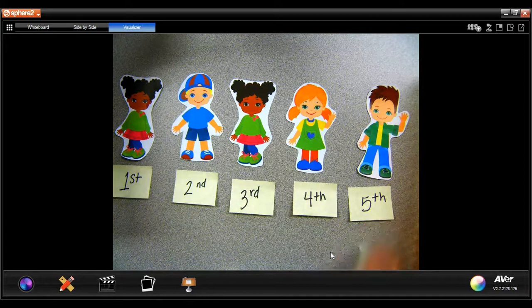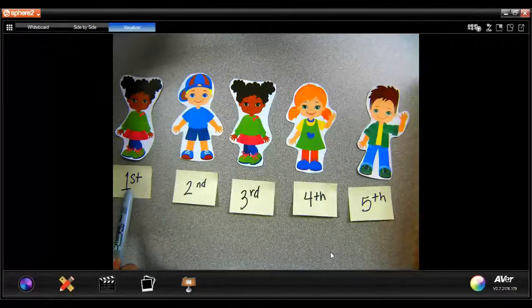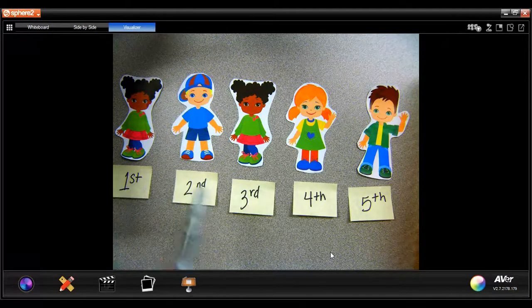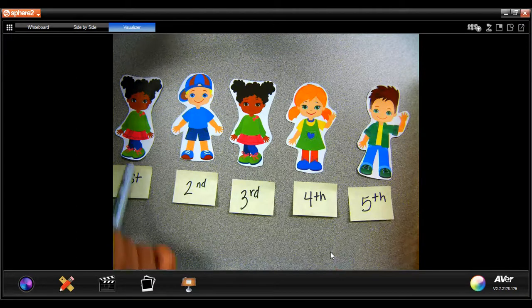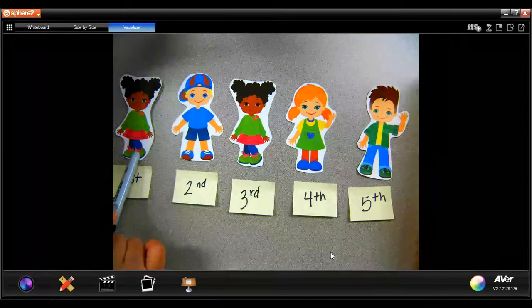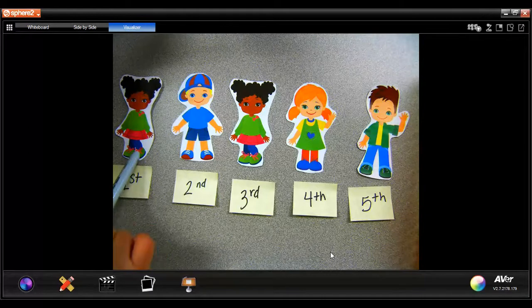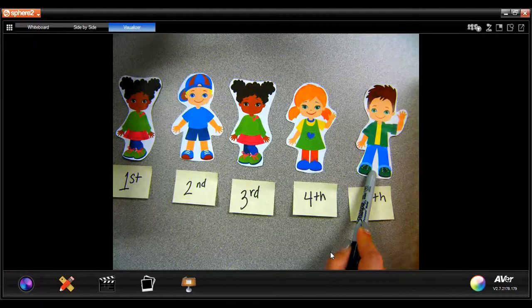Okay, so now we're gonna count in ordinal numbers. We're gonna say the order they are in line. So she's first, say it with me: first, second, third, fourth, and fifth, okay? And she's the first one in line. So if she's the first one in line, he's the fifth one, but he is also the what?